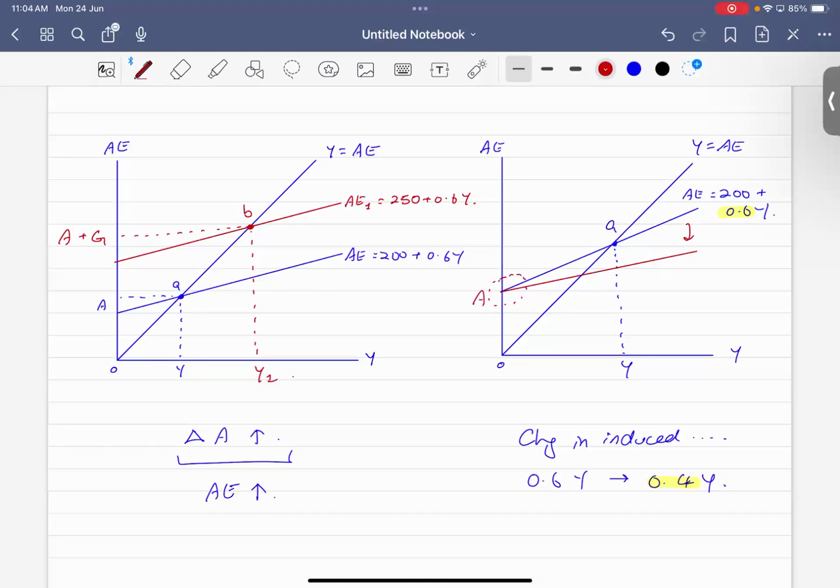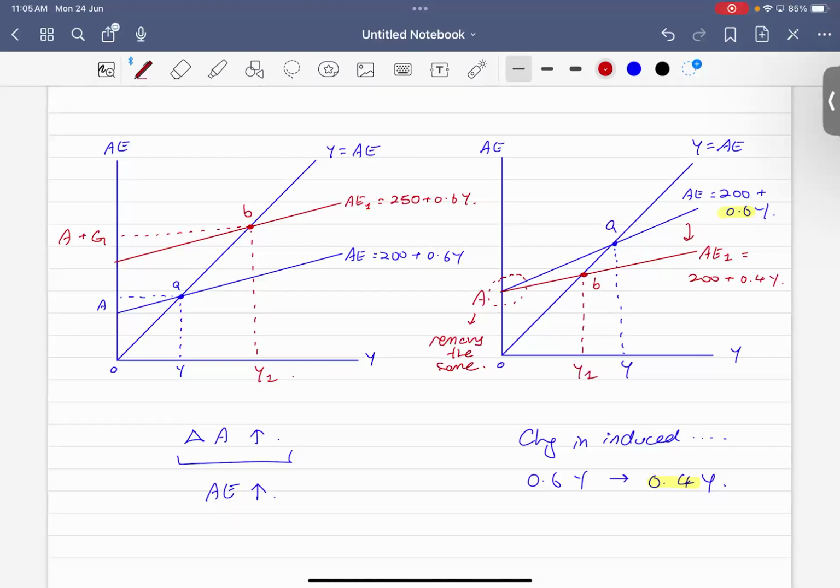The graph just shifts downwards, pivoting on the same point of autonomous. So this is your new expenditure function equals 200 plus 0.4y. This point becomes your point B, at a lower output.